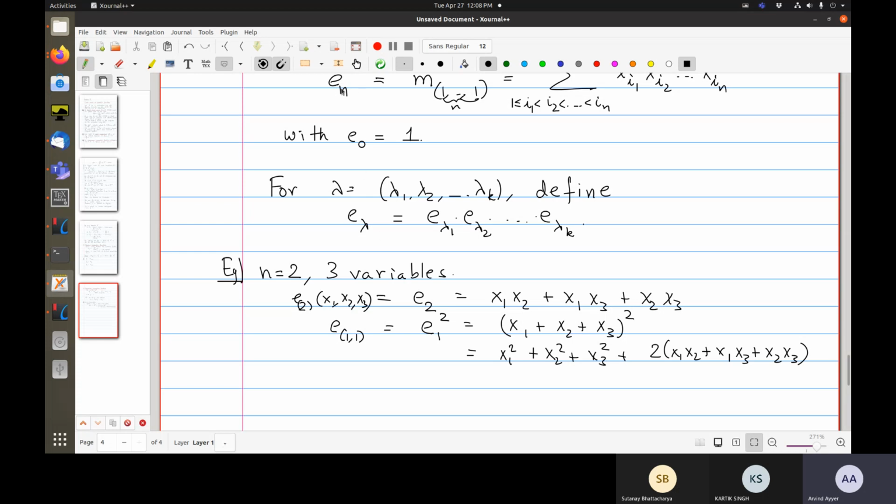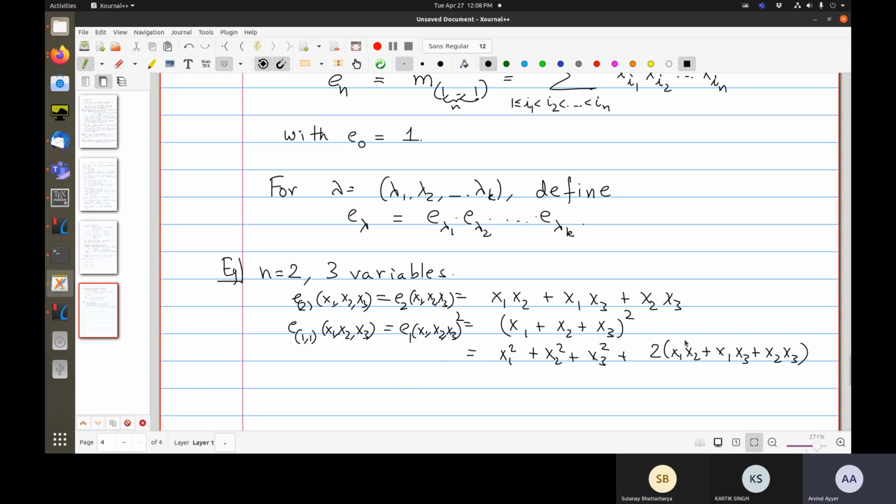When I don't write how many variables, you should assume that they are infinite. So E2 of x1, x2, x3 is that, and here also I'll write it carefully. E11 of x1, x2, x3 is E1 of x1, x2, x3 whole squared.